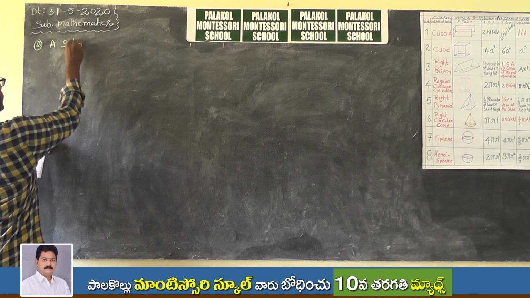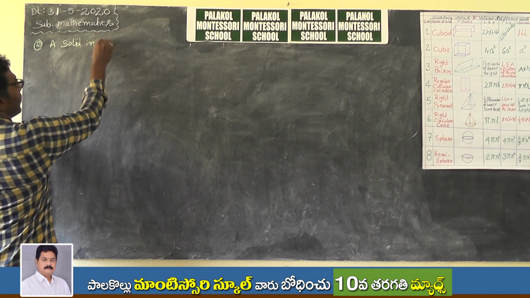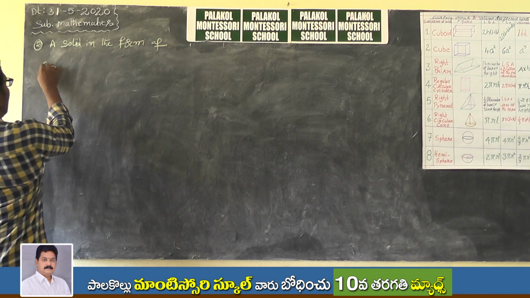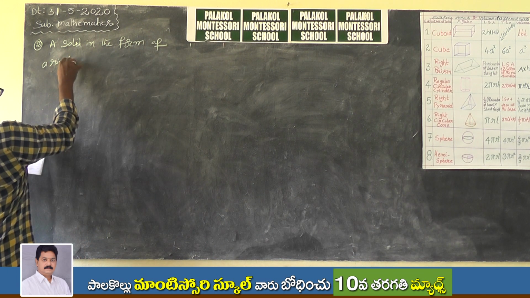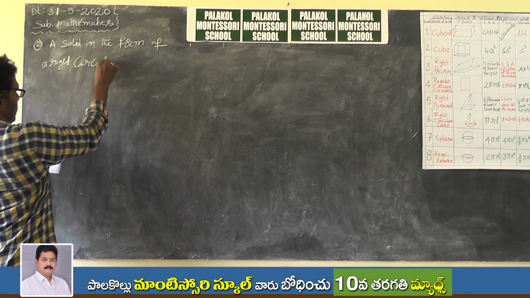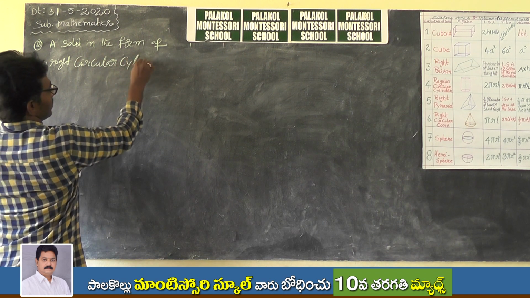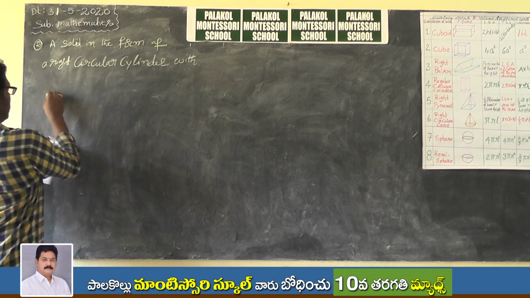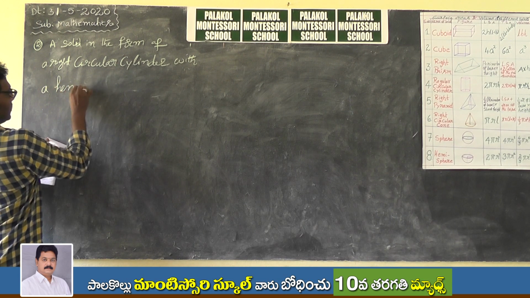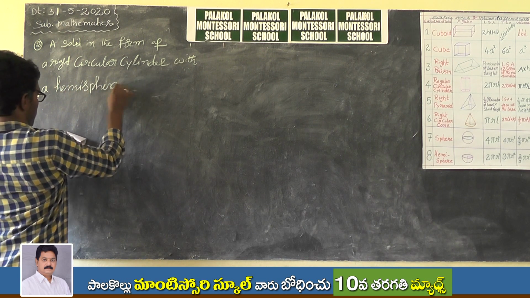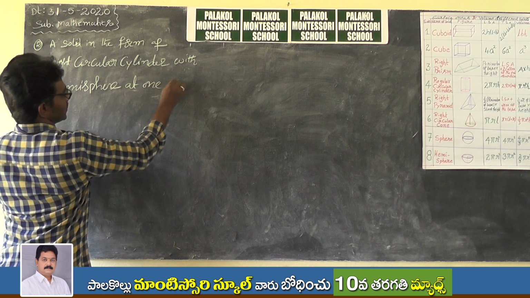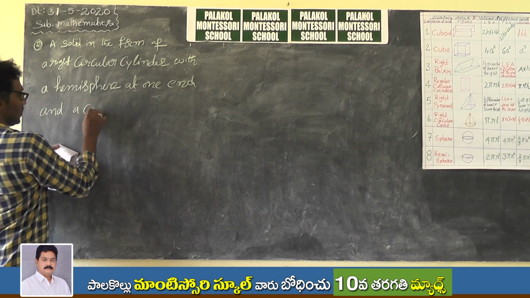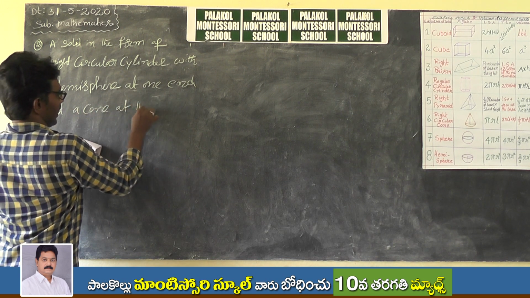A solid in the form of a right circular cylinder with a hemisphere at one end and a cone at the other end.